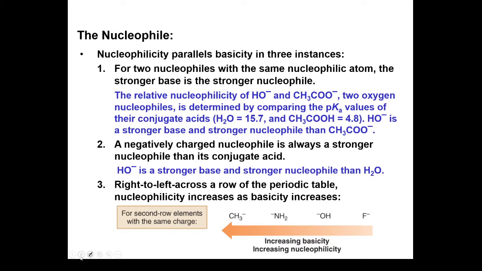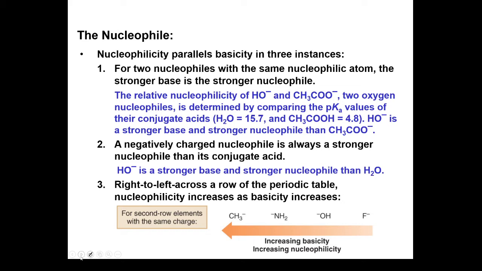So what makes a good nucleophile? What's going to have us be a good nucleophile? If I am a strong base, the stronger I am as a base, the better I am as a nucleophile. So what they're saying in step 1 is this. I have OH minus versus acetate.